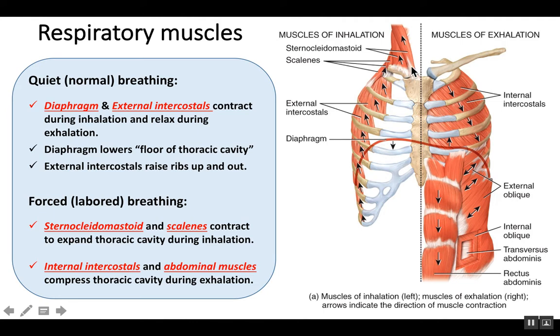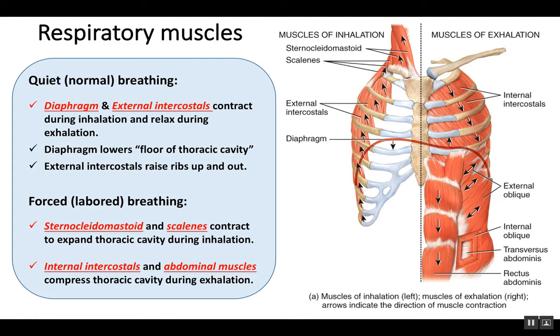This expands the thoracic cavity as well. Then there are some other muscles in your neck called scalenes. Scalenes are attached to ribs 1 and 2, and they will pull up on ribs 1 and 2. So those muscles are said to be accessory respiratory muscles of inhalation, forced inhalation.